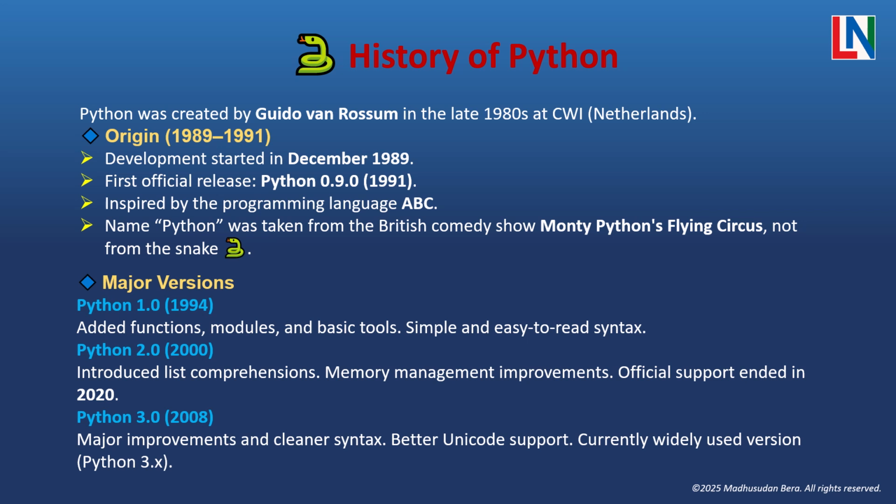Official support ended in 2020. In 2008, Python 3.0 was released, with major improvements, cleaner syntax, and better Unicode support. Currently the widely used version of Python is Python 3.x.